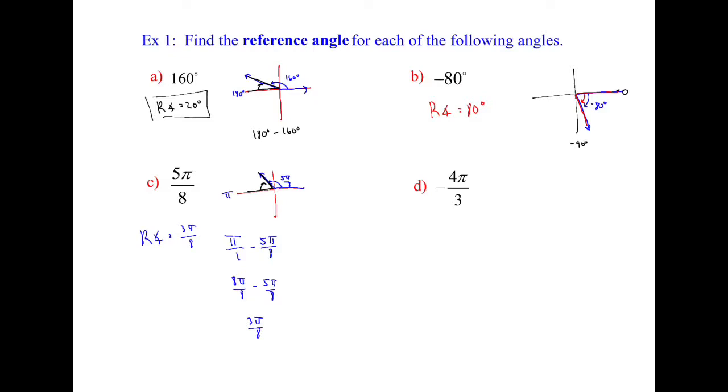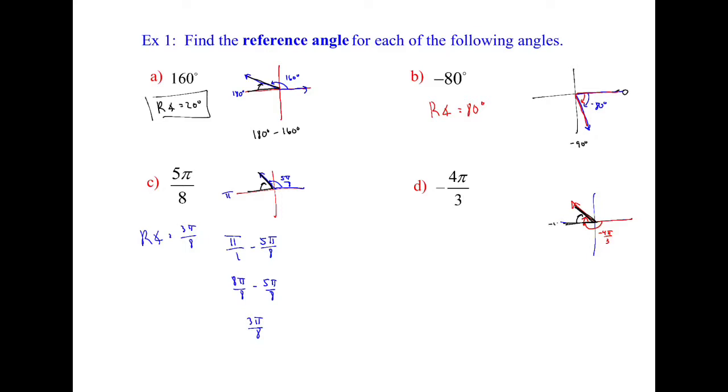And then the last one, negative 4 pi over 3. Now with this one, you'll have the initial side still on the positive x-axis. You're going in the clockwise direction. That's 1 1/3, so this is 1 pi radian, and then 1/3 is somewhere up here. So that represents negative 4 pi over 3. The reference angle is, once again, terminal side and x-axis. So it's that angle right there.